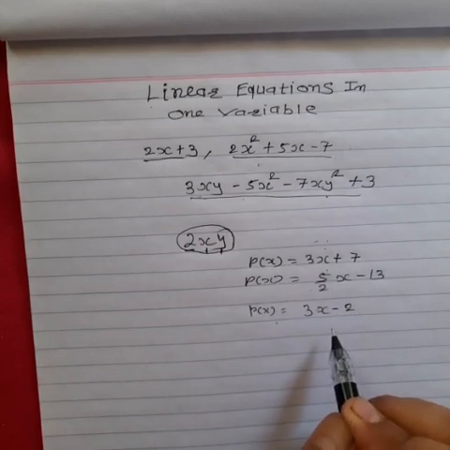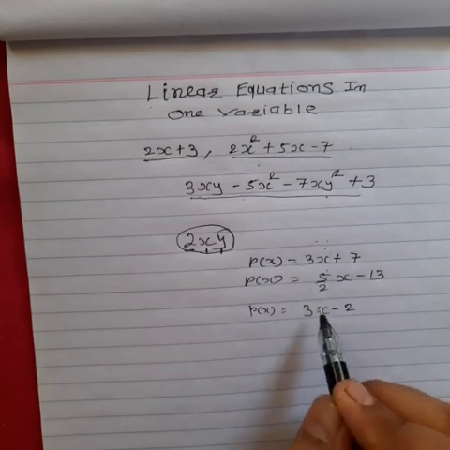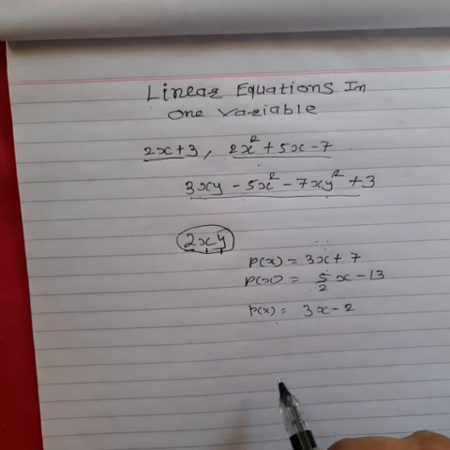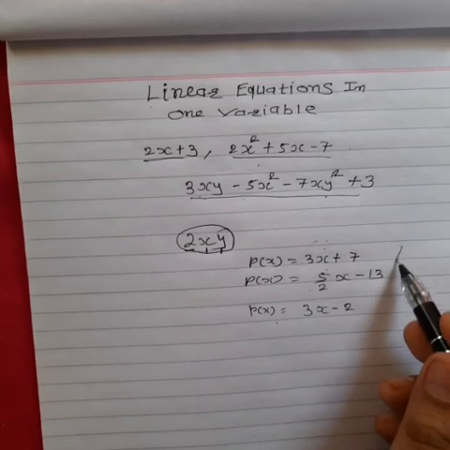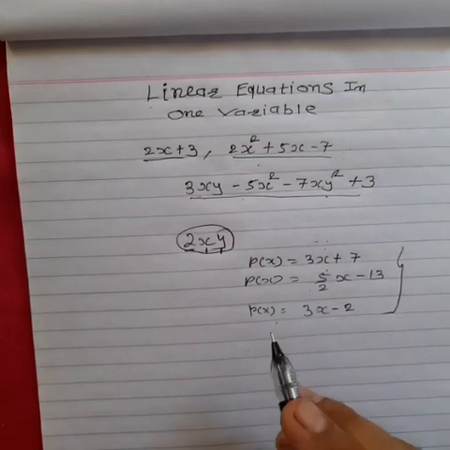P of x is equal to 3x minus 2. So here the maximum degree of the term is 1. So all these algebraic expressions are categorized as linear.